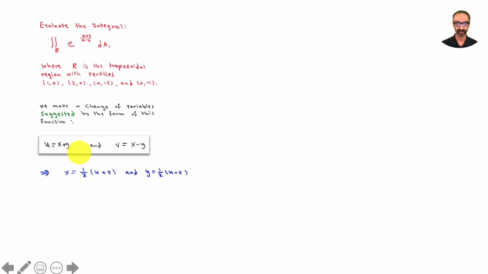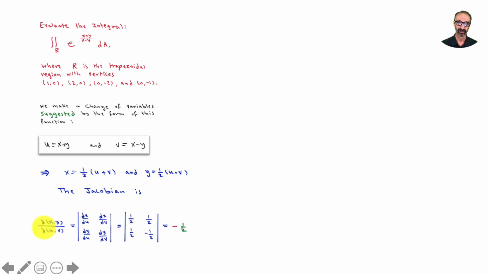Doing some algebra, I could solve for x, I could solve for y. The Jacobian is dxy over duv: dx du, dx dv, dy du, dy dv. Let's find dx du. dx du will be just half, which is right there.